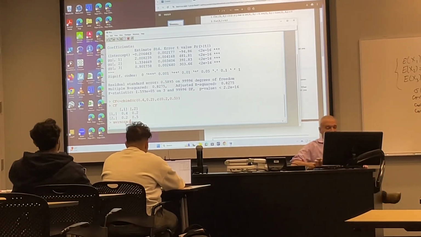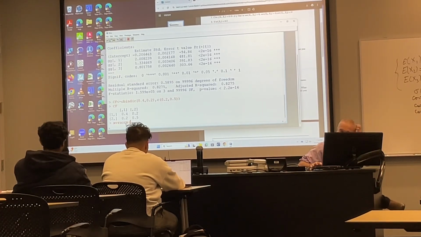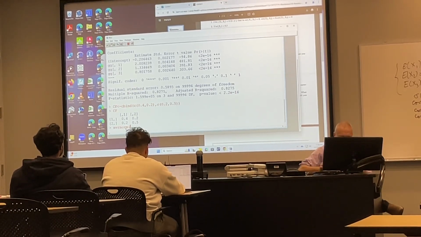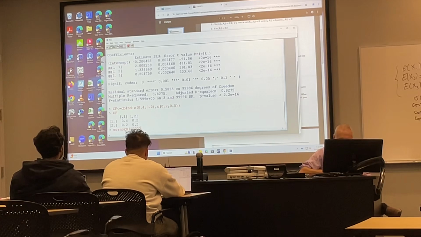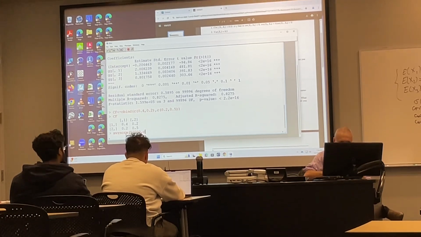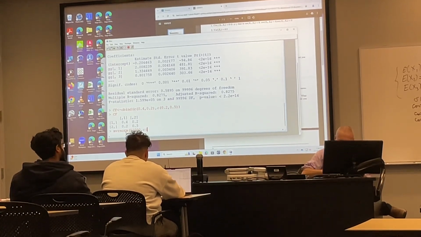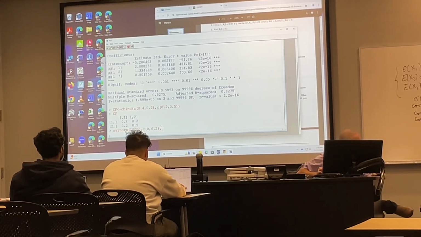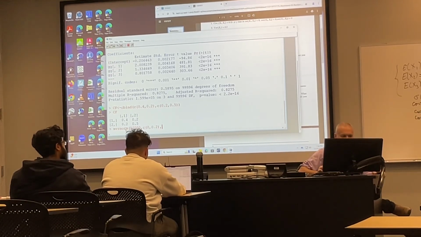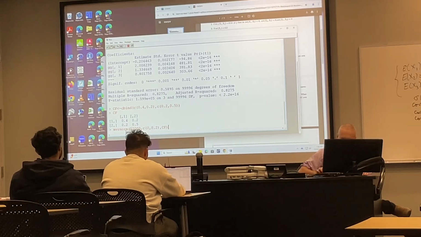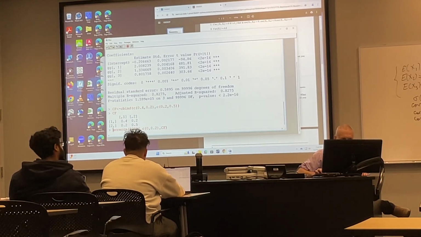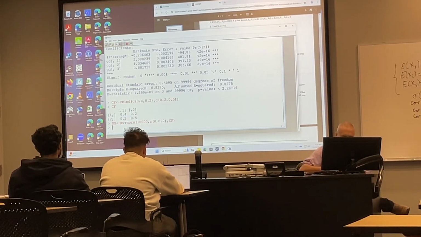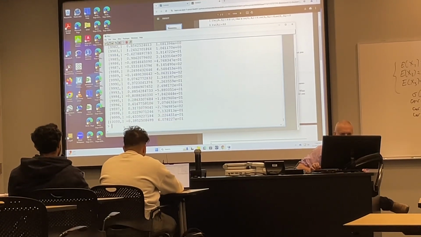I'm going to simulate now 10,000 points with mean (0, 2), and my covariance is going to be CF. And I will put it into XX. Okay, so this is your XX, right?